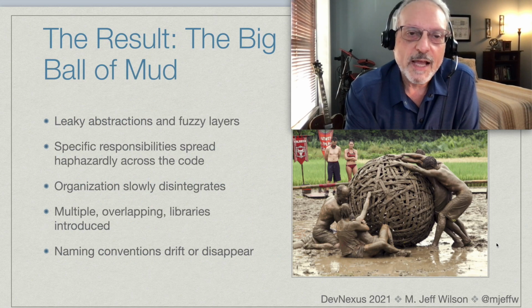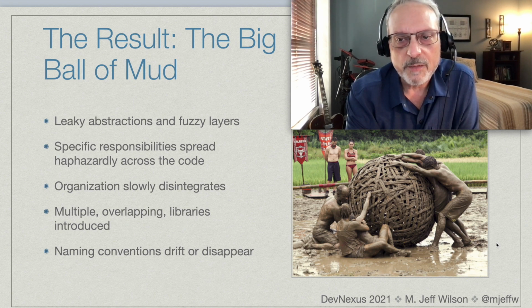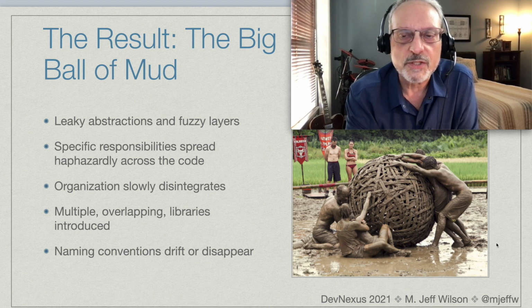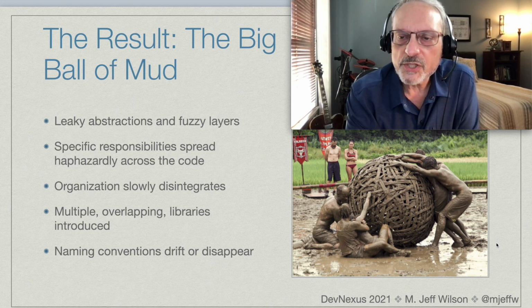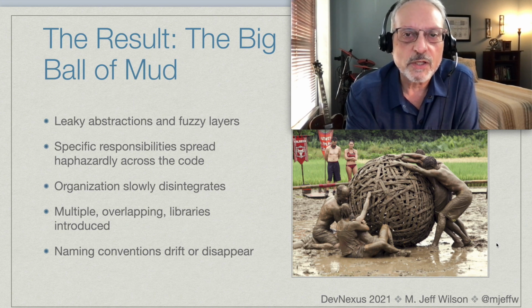But what really happens is that you get these developers coming in who are new. There's no documentation on what the architecture is supposed to look like, or there's very little. And they're given the task to start implementing new features or fixing bugs or enhancing existing features. So they're going to check in code that does not meet the current definition of the architecture.